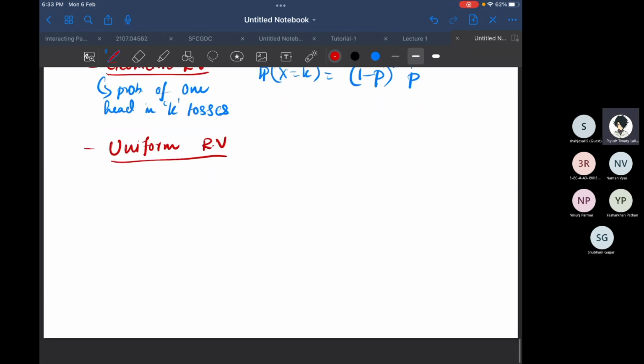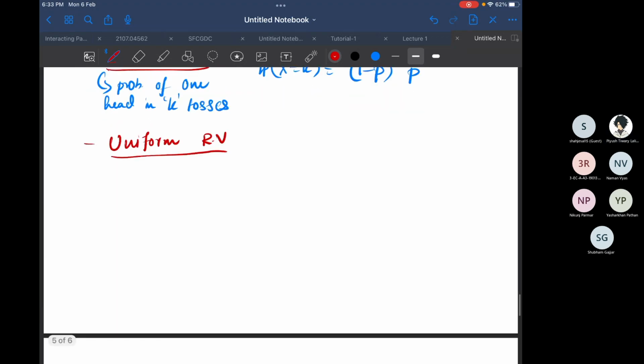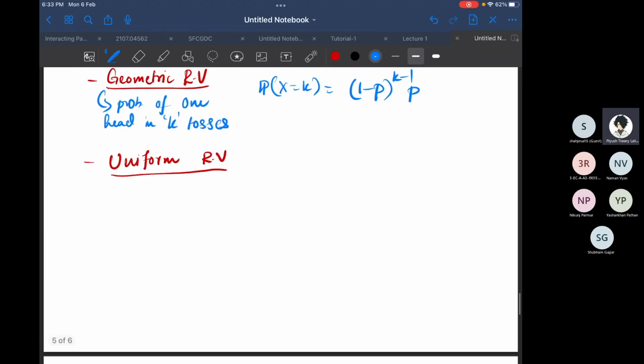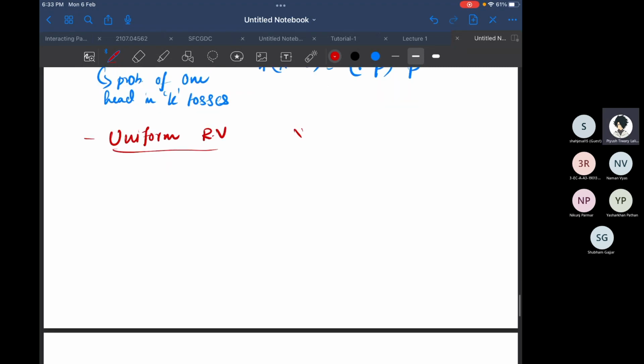If a random variable x is coming from a uniform density, it is defined by parameters a and b.